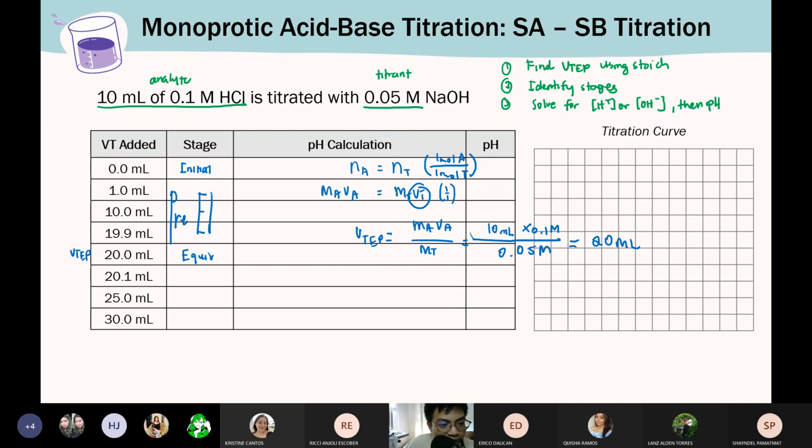Ganyan na lang. Kasi ito ay mga post. Okay, so yan. So, initial, pre, equivalence point, then post. Okay. So, kung tama yan, madali na lang.